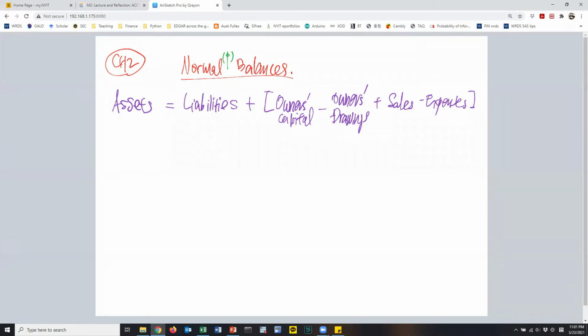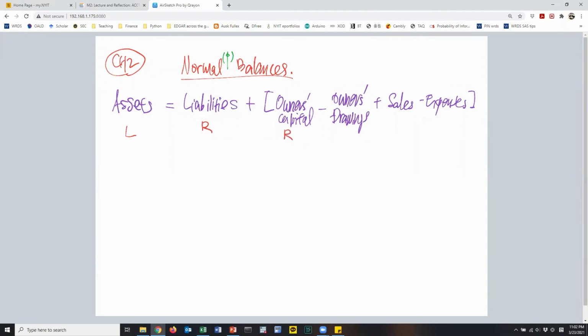For example, where is assets found around the equal sign? Assets is on the left-hand side and liabilities on the right-hand side.